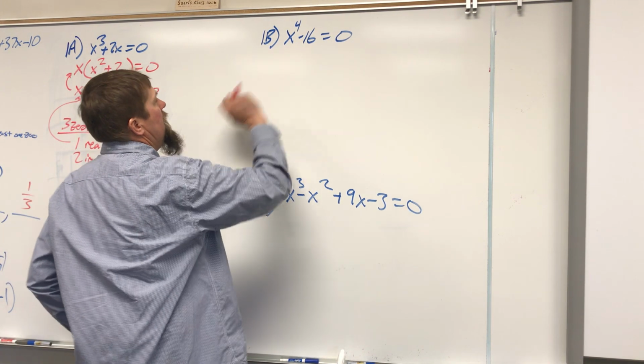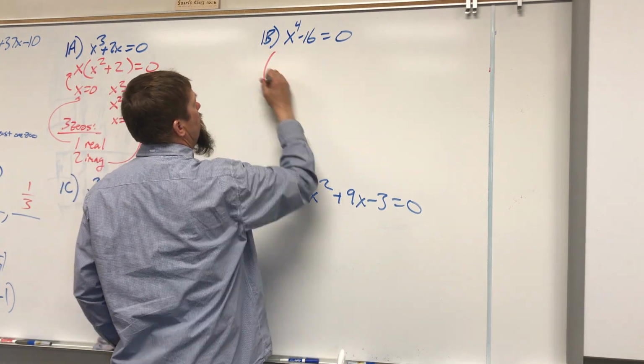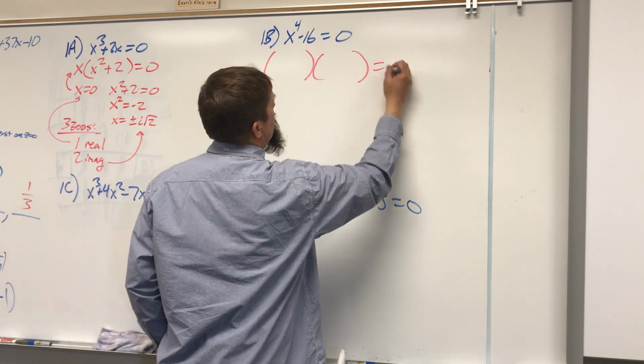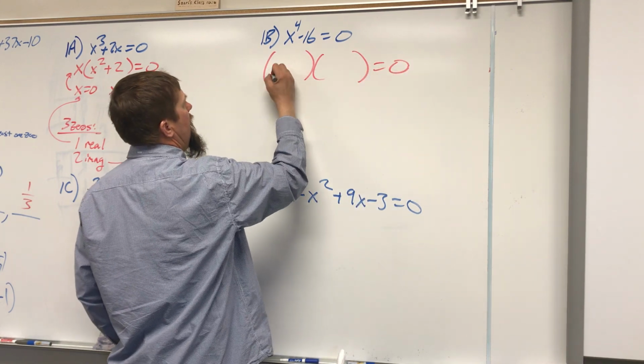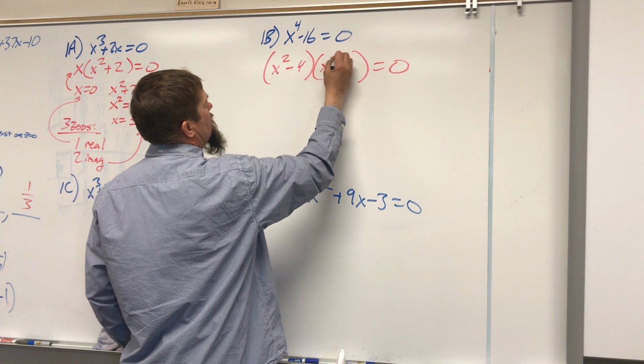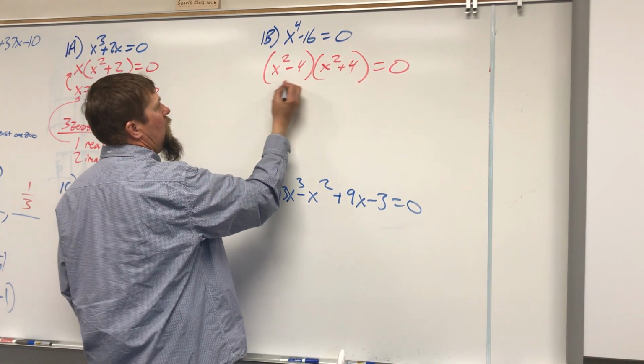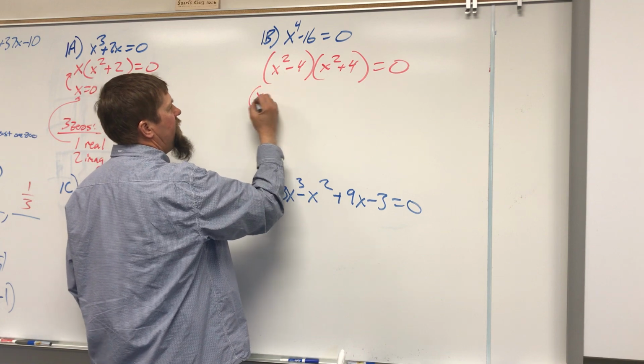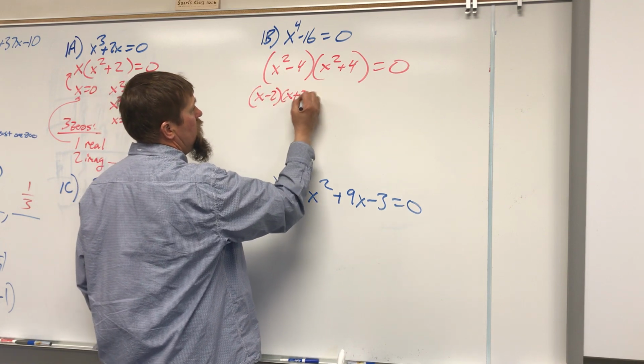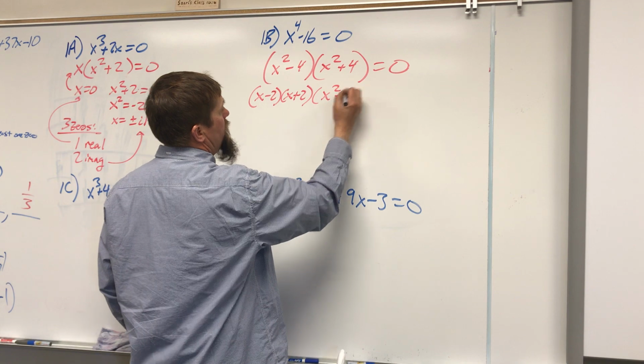All right, let's go to 1B. I know I can factor this by using difference of 2 squares, x squared minus 4 and x squared plus 4. I know that this is x minus 2, x plus 2, and this is x squared plus 4.